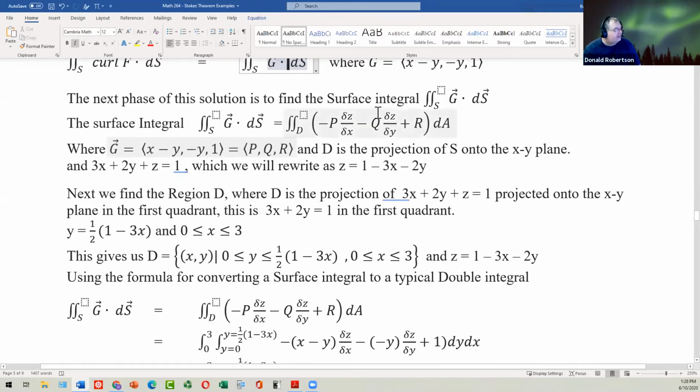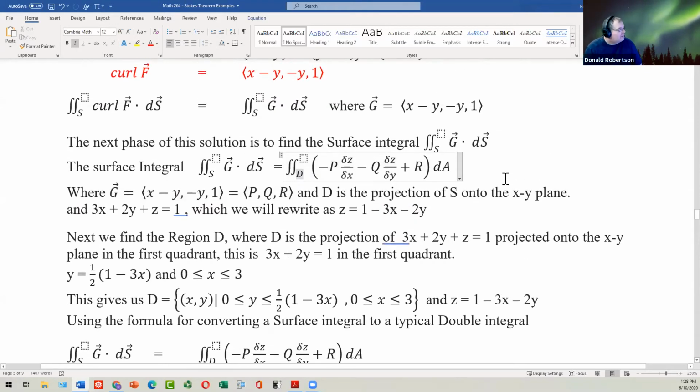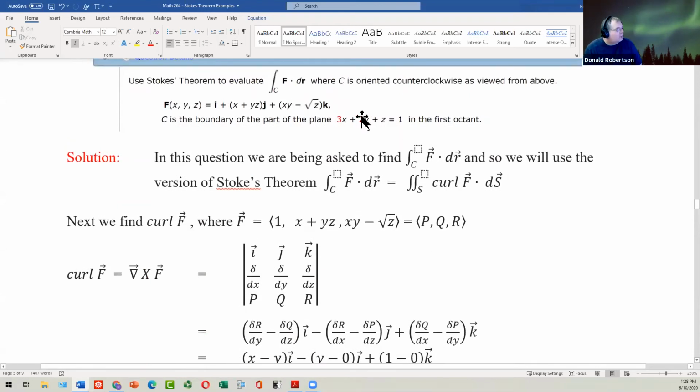The next phase is to find out what the surface integral is equal to. Well, the surface integral gets converted into a normal, good old-fashioned double integral. You know, the 0 to 147 thing. Now, to be able to do that double integral, we need some information. We need to know who d is. So that means you have to think, what does this surface look like when you project it down onto the xy plane and you restrict yourself to the first quadrant, right?